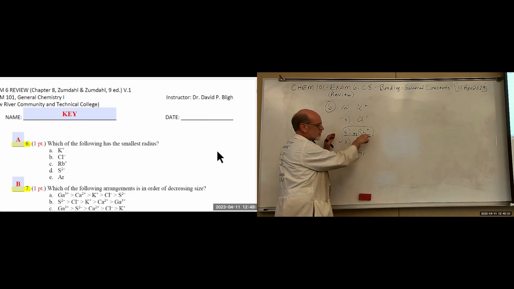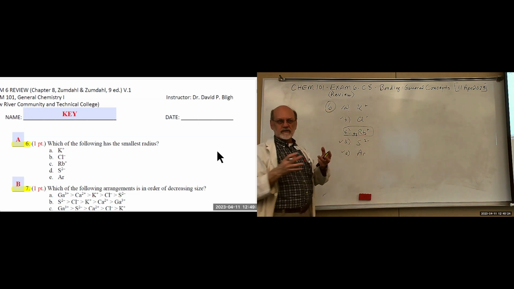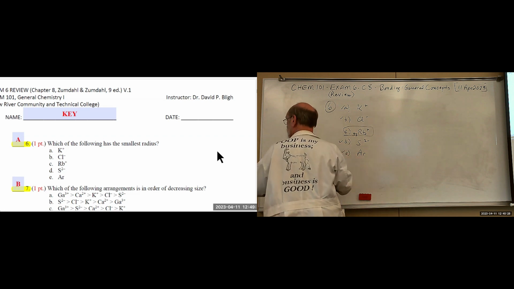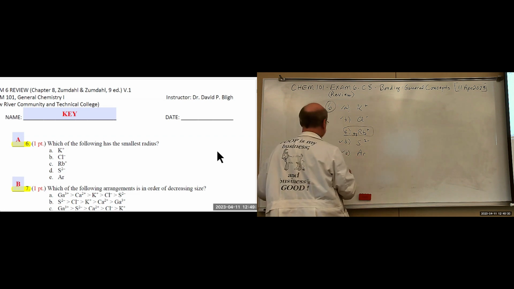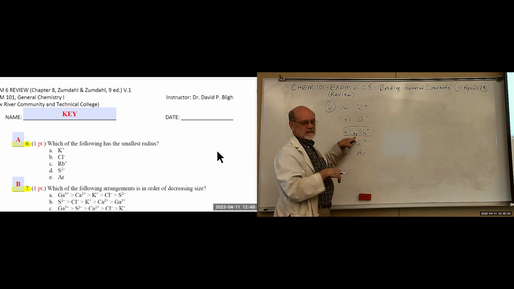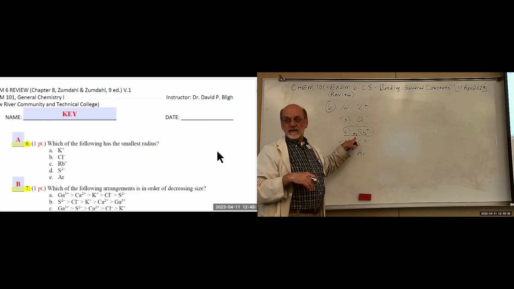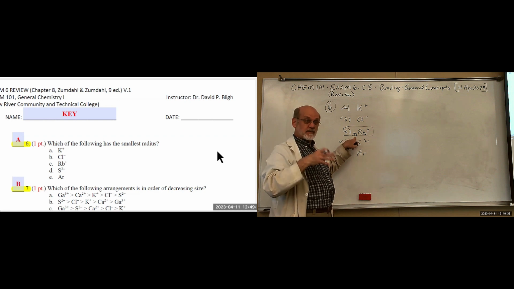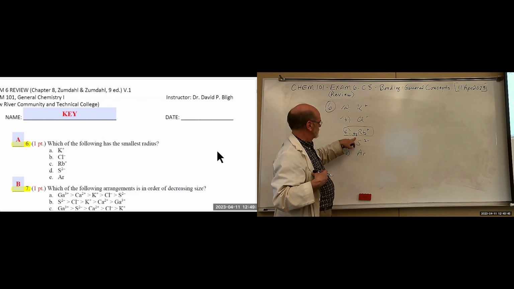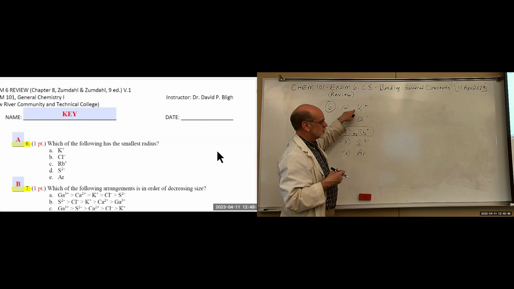So when you strip that one electron off of the outer orbital, rubidium shrinks back to the size of potassium, except that it's got more protons. So it's going to shrink smaller than potassium. Now, based on that answer, potassium should be the smallest one.